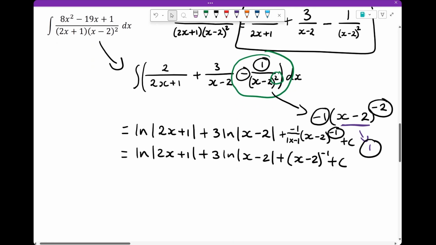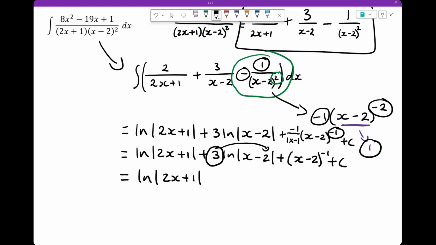Now we have a plus between them, so we could use our addition law of logs, but before we do that, we're going to have to deal with the 3 here. We're going to have to bring it in as a power. So we would get the natural logarithm of the modulus of 2x plus 1, and then plus the natural logarithm of the modulus of x subtract 2, and that's going to be raised to the power of 3, and then plus our x subtract 2 raised to the power of negative 1 plus c.